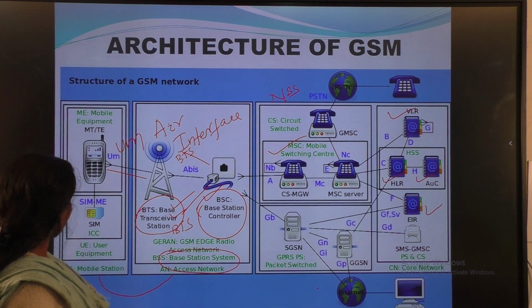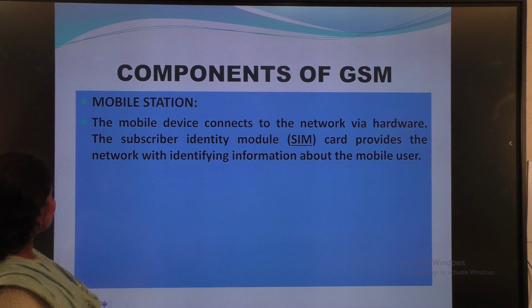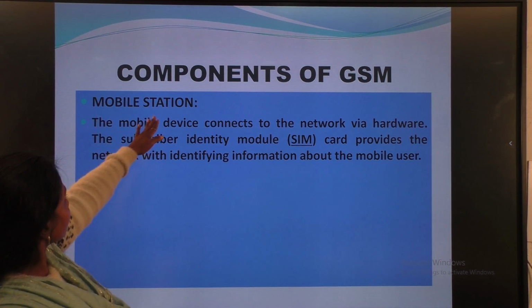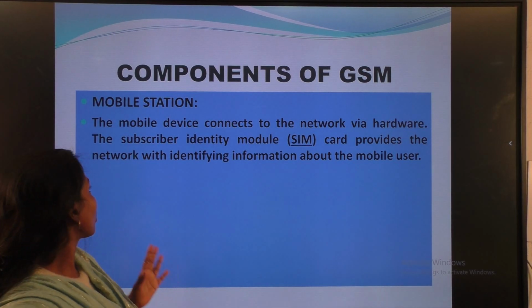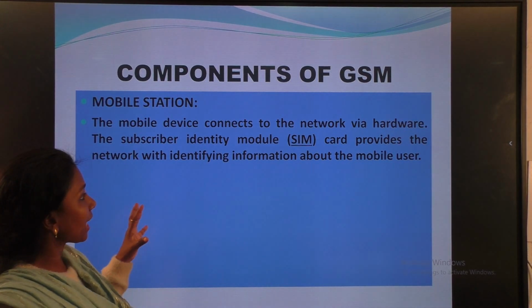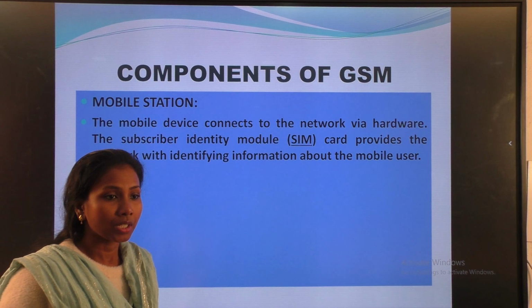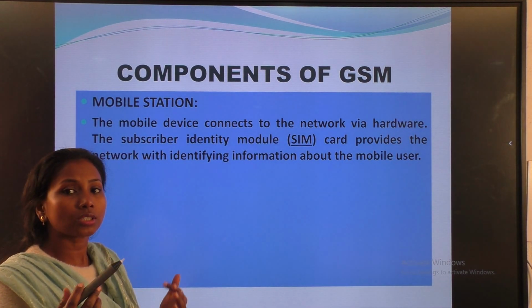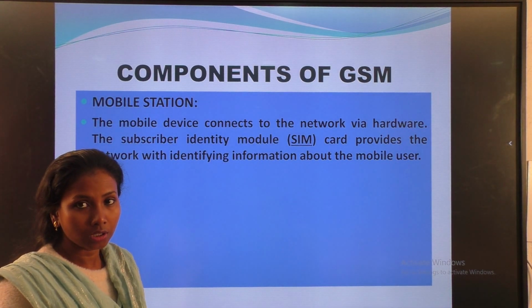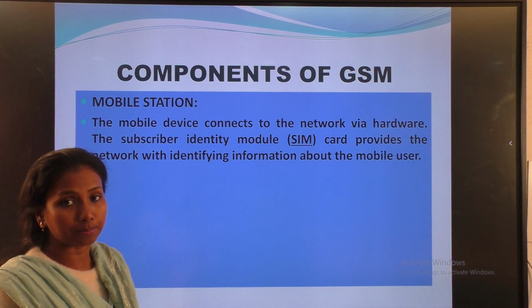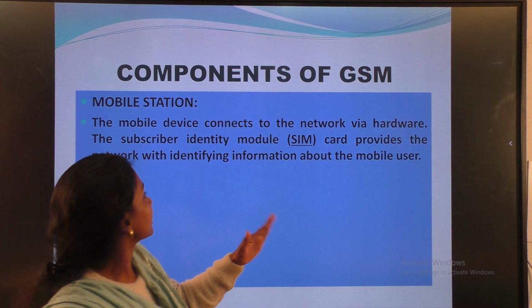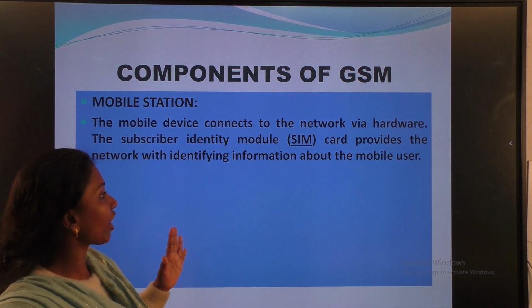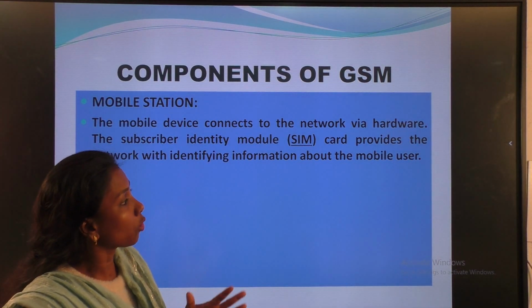Okay. Next, come to one. This is your mobile station. The mobile device connects to the network via your hardware and the subscriber identity module. So, see your subscriber identity module. So, the mobile station consists of a SIM, and this provides the network with identifying information about the mobile user.